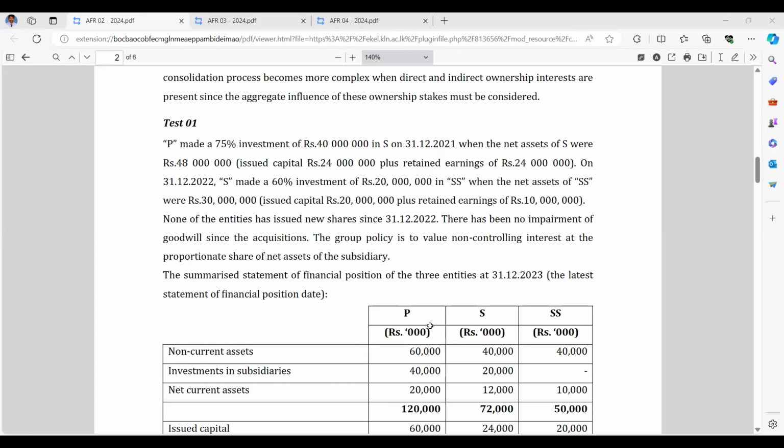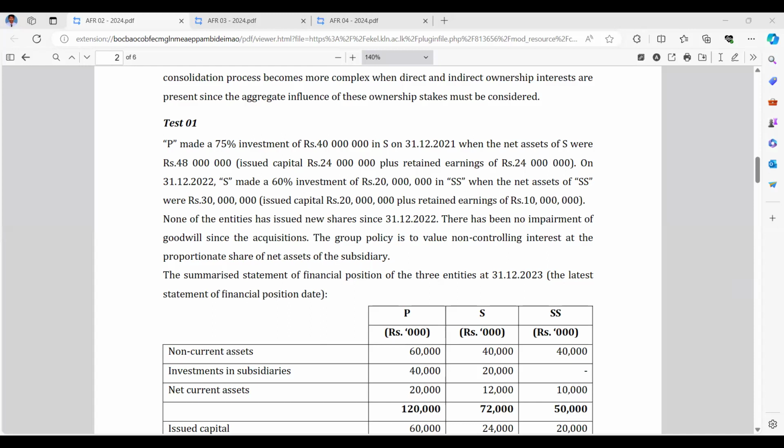Then the stated capital of SS is debited by 9,000 and the cost of control is credited by 9,000. This is the reference COC SS. And the remaining goes to NCI. It means 11,000. In total 20,000, 9,000, and the remaining goes to NCI. Am I correct? Yes, I'm correct.